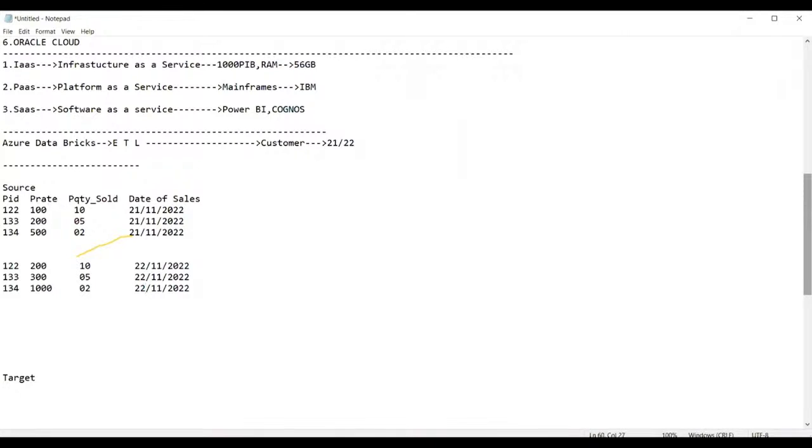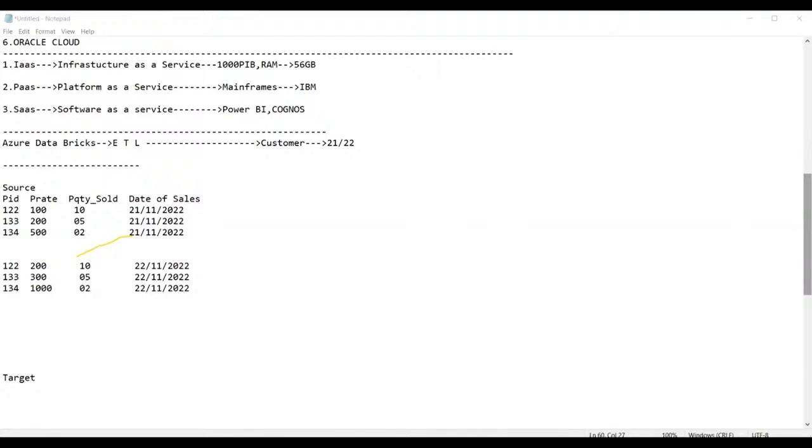Now, as you have these two days of data, tell me, is the two days of data here or not, guys? Is there any difference in the sales from 21st to 22nd? Can you tell me?